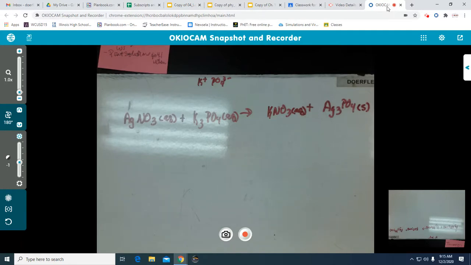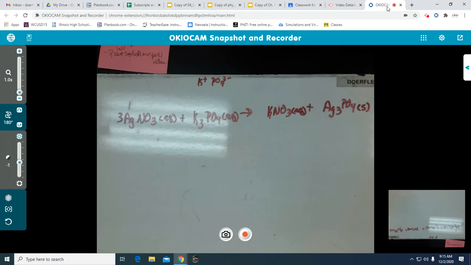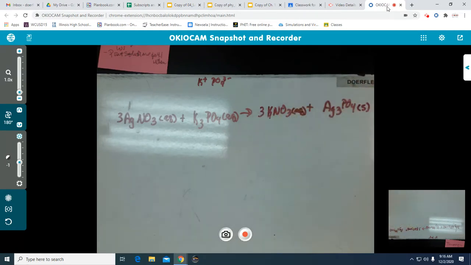So I'm not going to take a whole lot of time in balancing this. I'm just going to show you what we need to do to balance this. You need to put a 3 in front of the silver nitrate on the left and a 3 in front of the KNO3 on the right. It's balanced. We balanced a ton of equations back in chapter 2, I believe, maybe even chapter 3.